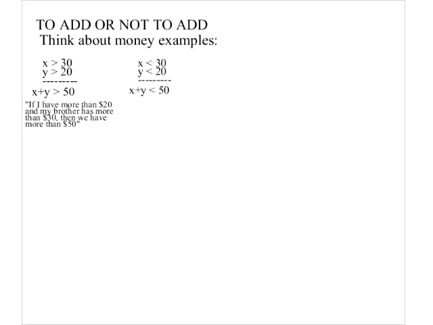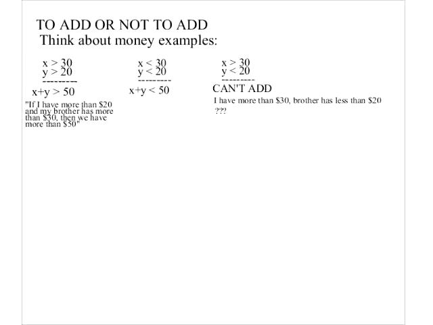But on the other hand, if you have x greater than 30 and y less than 20, you can't add this. The money example to think about here is I have more than $30 and my brother has less than $20. Here you don't know.